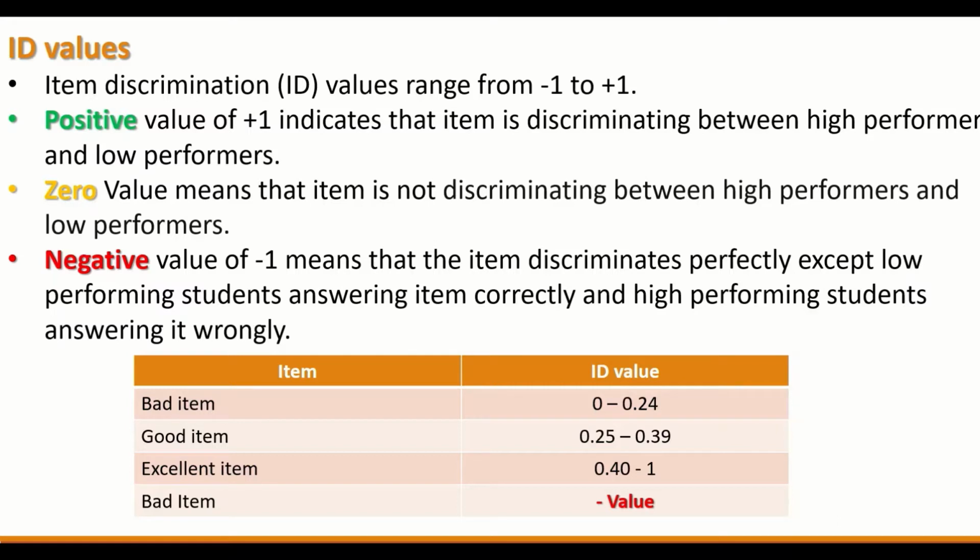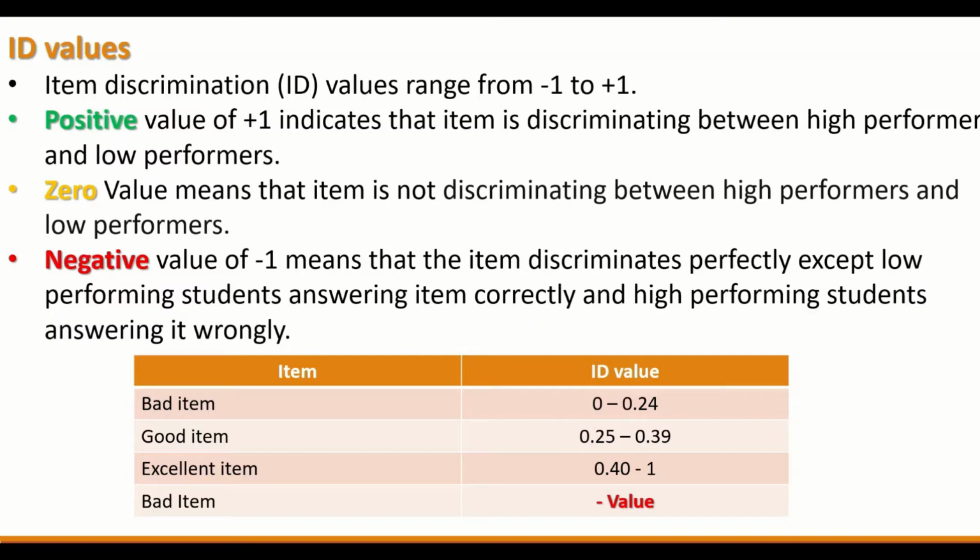As shown here in the table, the ranges for the ID value are listed, and the items are classified as a bad item when the ID value is from 0 to 0.24. That is based on Kelley's formula.